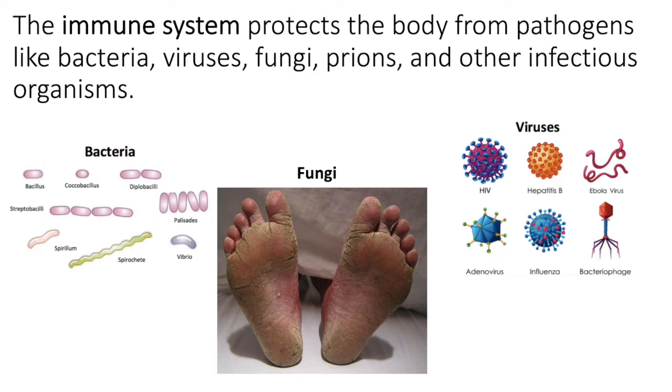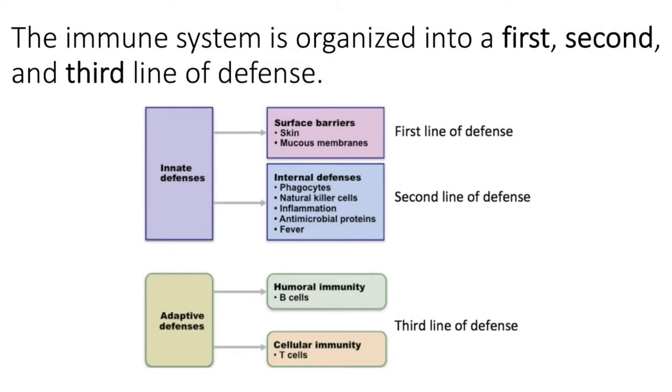Now, the immune system is organized into lines of defense: a first line of defense, a second line of defense, and then the third line of defense. Both the first and second lines of defense are also called the innate defenses or the innate immune system.